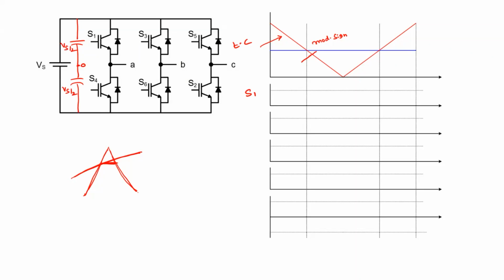When this modulating signal is greater than the carrier, the pulse is on here, and the signal is 0 elsewhere. So this is the signal. How exactly will S4 be? It is the complement of this, so it will be like this.